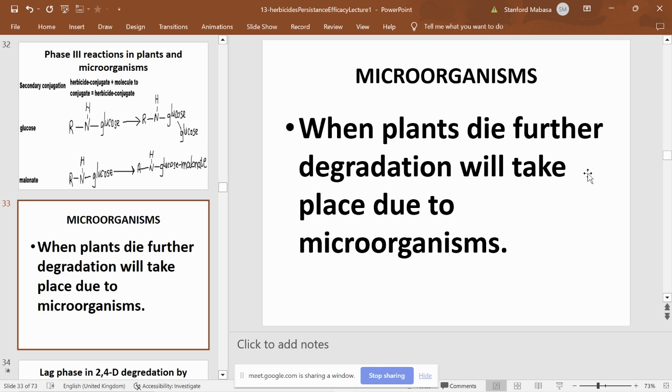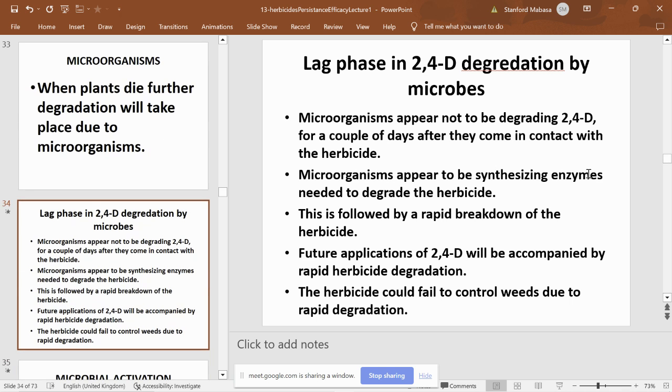And some of these herbicides may be turned into nitrogen or carbon dioxide as the final breakdown after having gone through these phases, which can occur in microorganisms or plants. But let us talk about what can happen to 2,4-D under the breakdown of microbes.